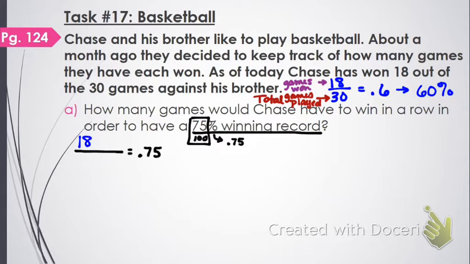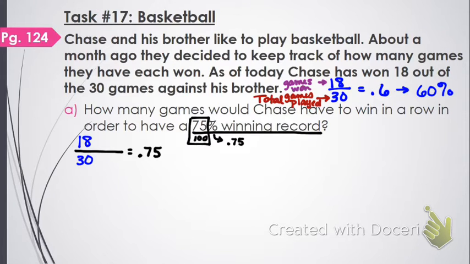What else do we know about what Chase has already done? He's played 30 games. Where would I put that? In the bottom. But I know if I divide 18 by 30, I don't get 75, right? He wants his winning percentage to go up. What does the numerator, that 18, represent again? The games won. If he wants his percentage to go up, what has to happen to the games that he's won?